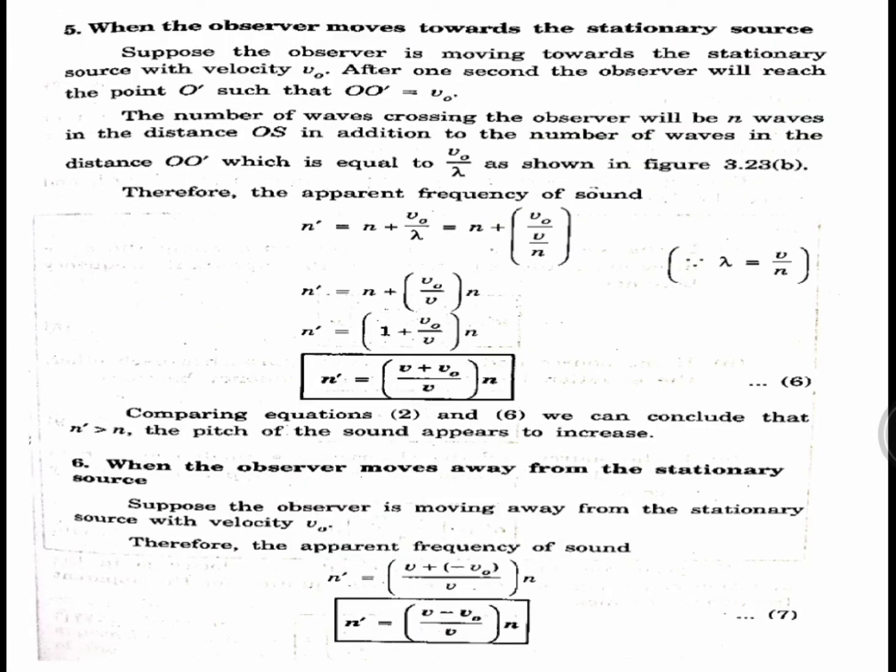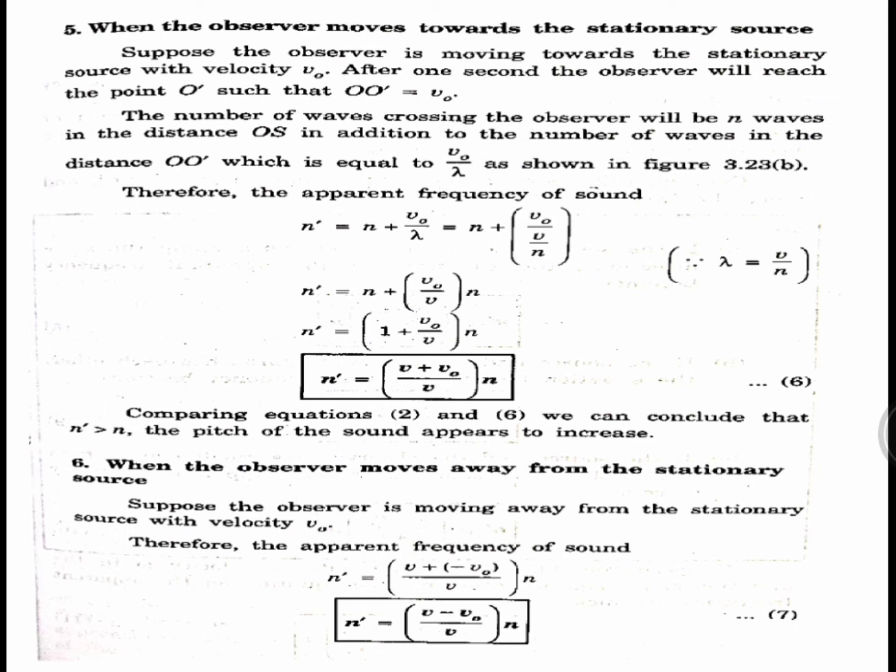Fifth condition. When the observer moves towards the stationary source with velocity Vo, after 1 second the observer will reach the point O dash such that OO dash is equal to Vo.